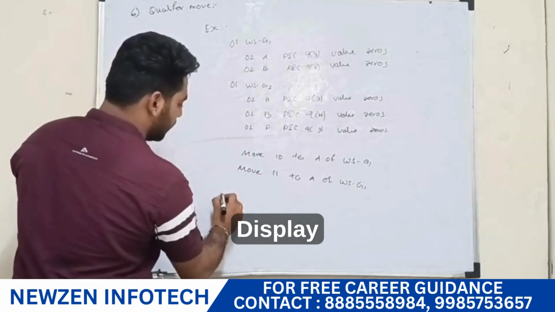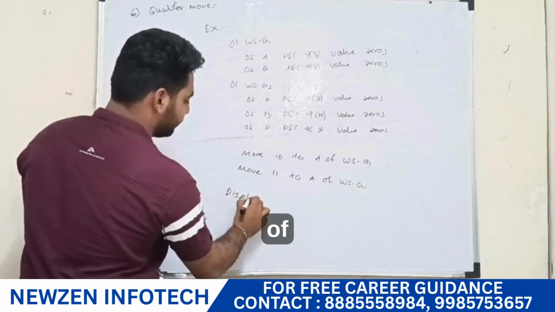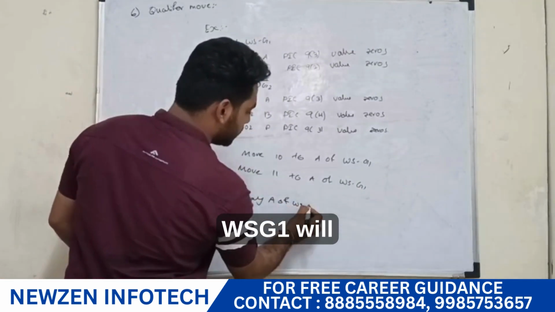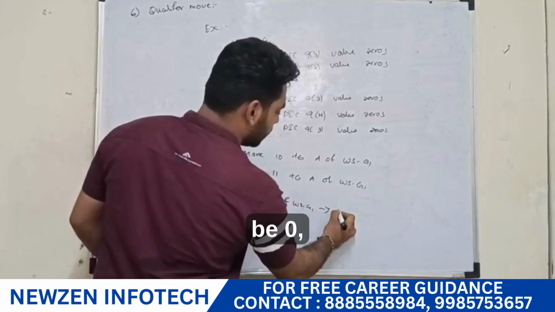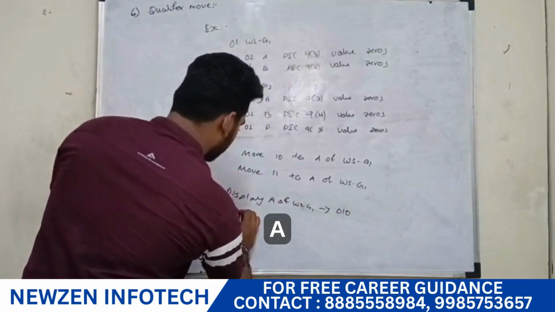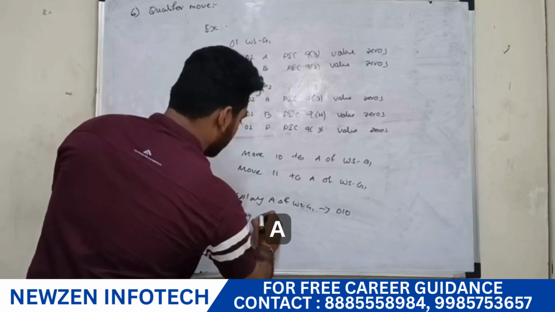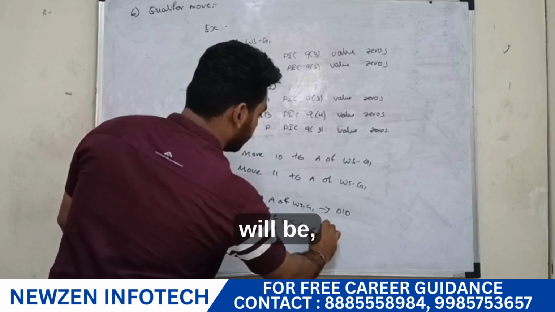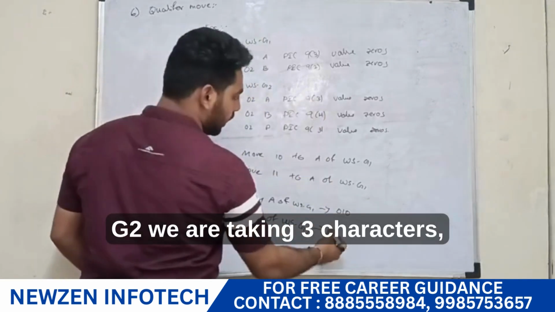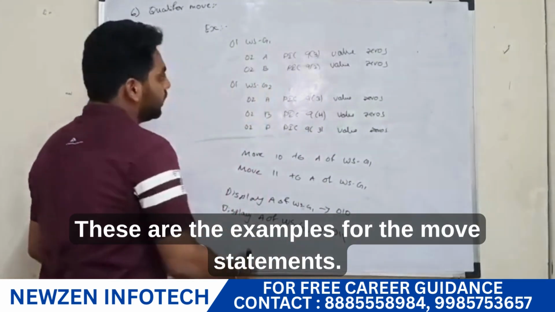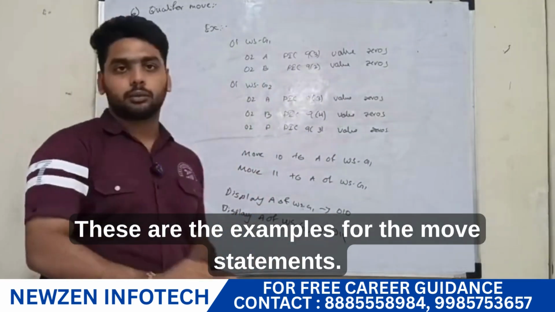Display A OF WSG1 will be 0 1 0, and display A OF WSG2 will be 0 1 1. We are taking three characters, three digits, sorry. These are the examples for the MOVE statements.